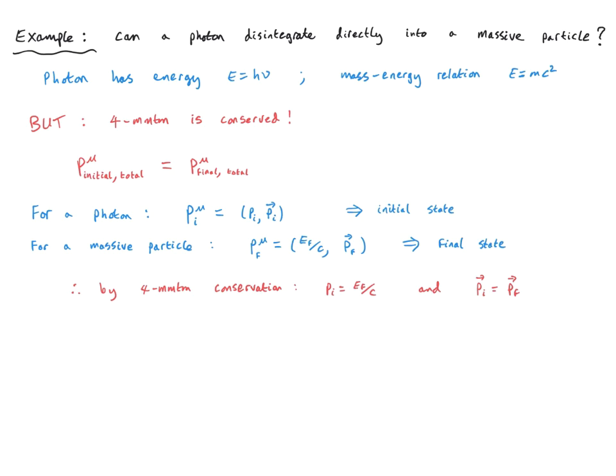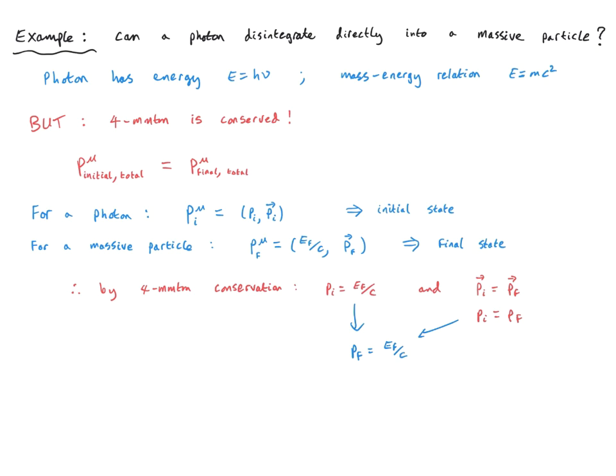If the initial and final relativistic 3-momenta are equal, we can simply take the magnitude of that and say that pi is equal to pf, and then we can substitute that into this expression and obtain that pf must be equal to Ef over c.